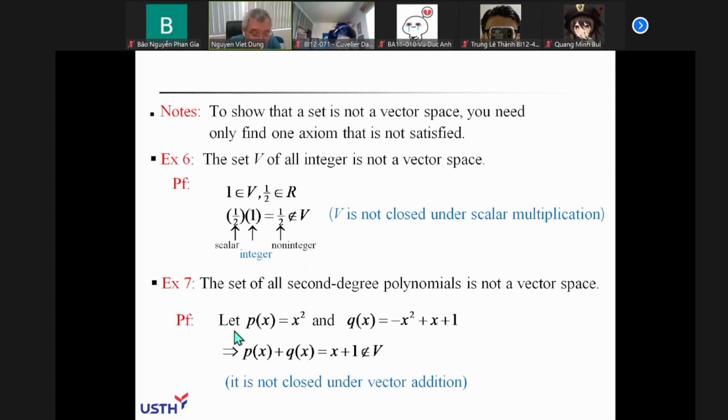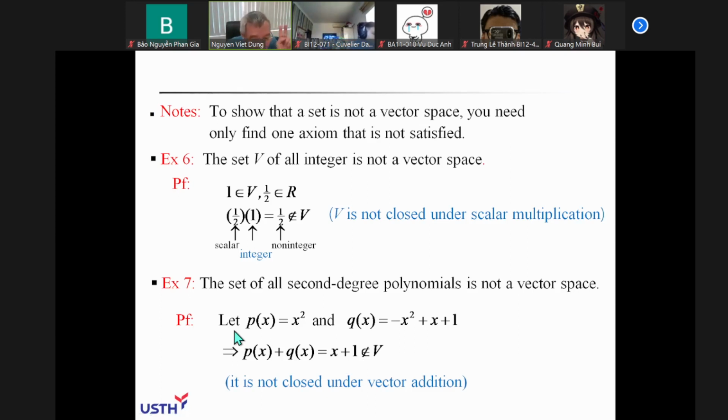Why? Because if I take p(x) to be x squared and q(x) to be minus x squared plus x plus 1, now you add them together, you get x plus 1. And x plus 1 now is a polynomial of degree 1 only. It is no longer a polynomial of degree 2.